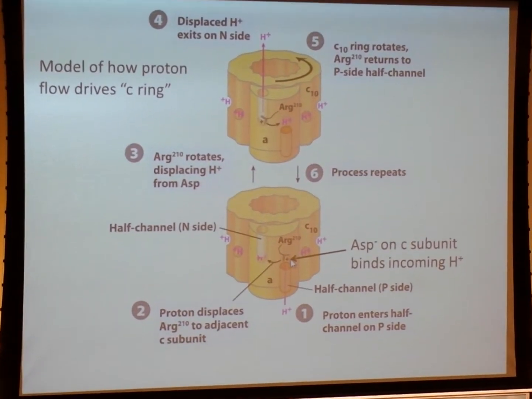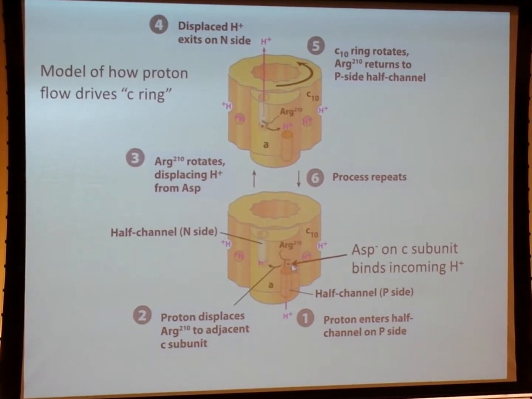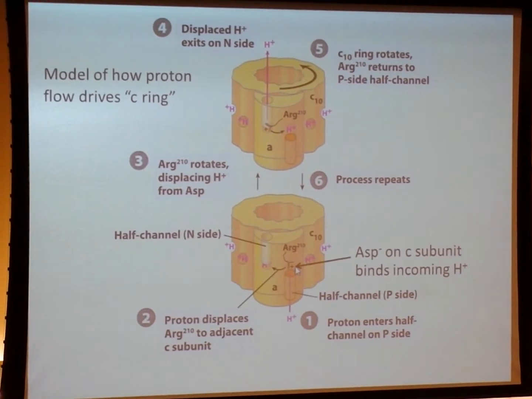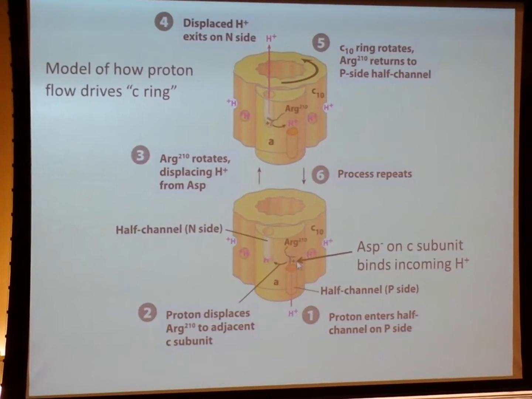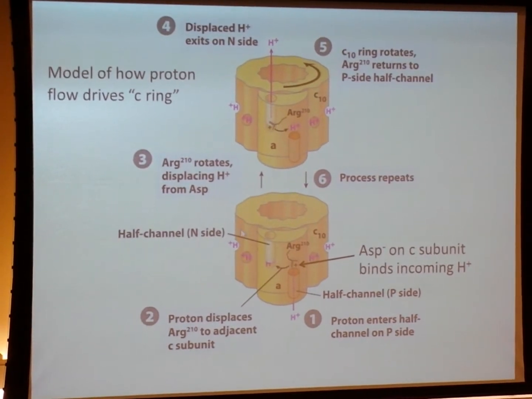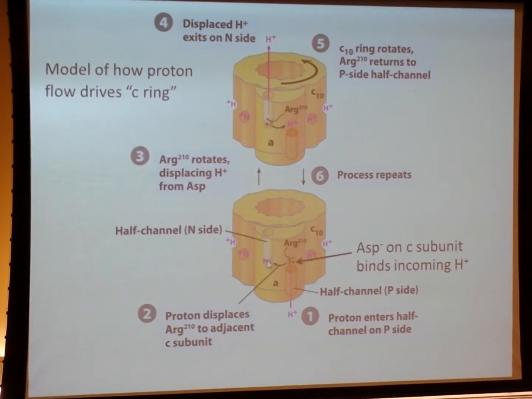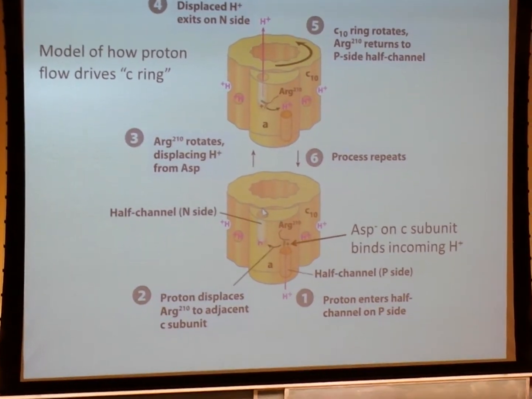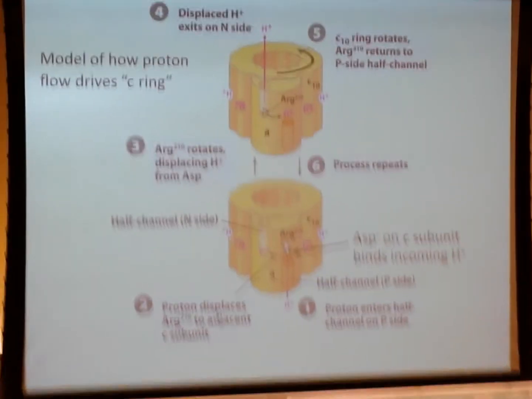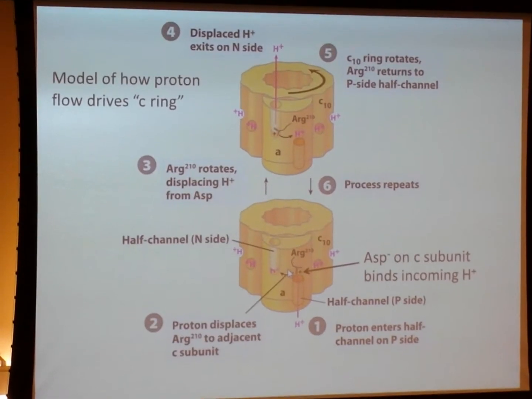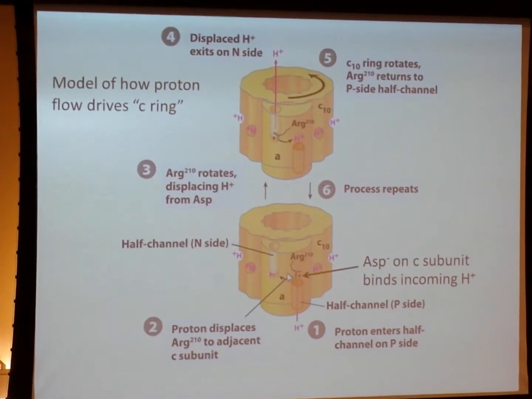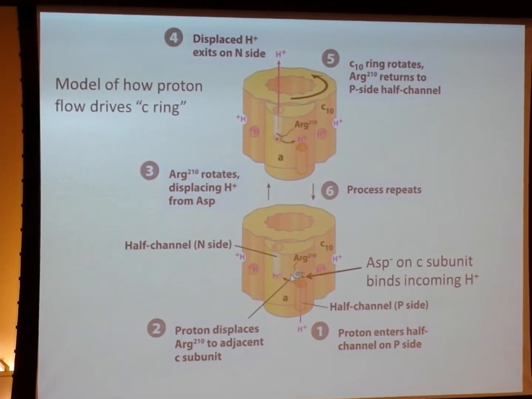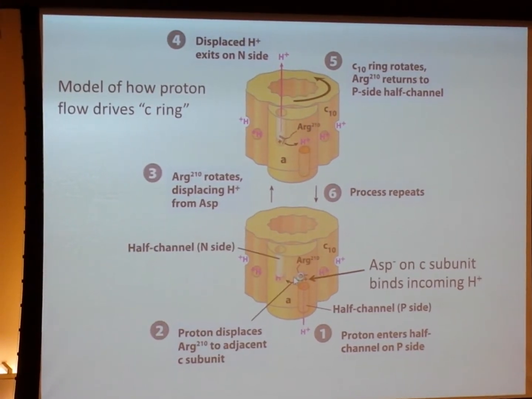Are you with me on that? And the only way the proton can leave is when it goes all the way around, it hits this exit channel, and now it can be released to the other side. Now, in this diagram, this arginine here, they say that it helps promote the proton binding and helping it to release.